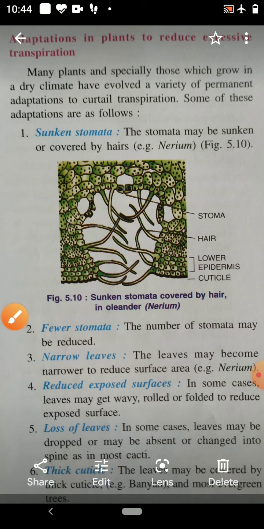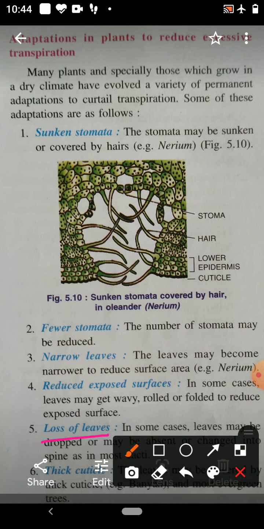Next one is loss of leaves. In many plants, leaves reduce into spines, change into spines. You can see it in the cactus plant. These are cactus plants.